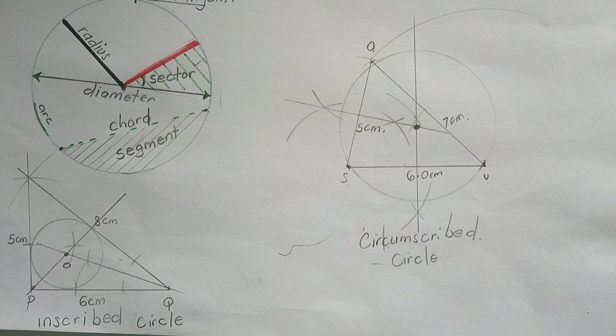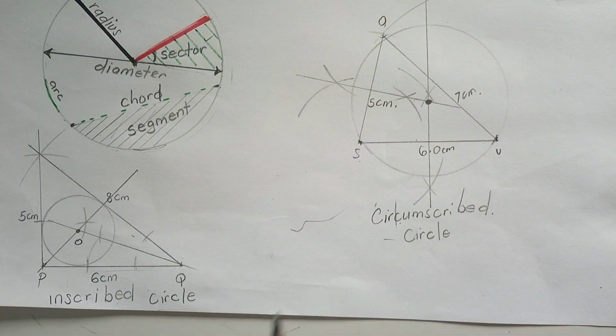And that is the end of our lesson on how to know the parts of a circle, how to inscribe a circle on a given triangle, how to circumscribe a circle on a given triangle. Remember, we begin by constructing accurately a triangle. From there, we follow the procedure as shown above. Thank you.